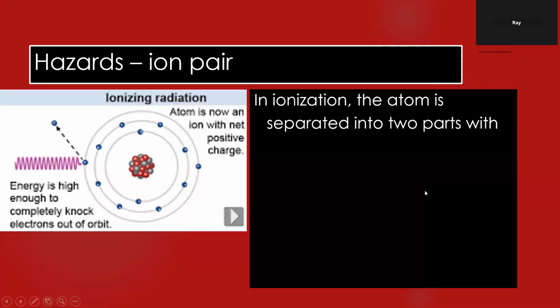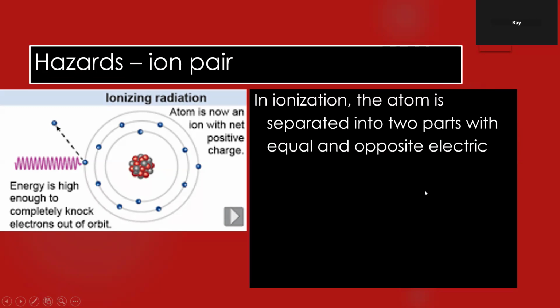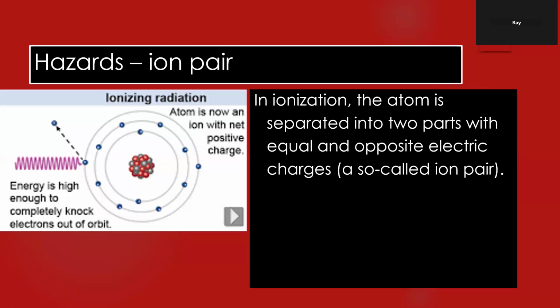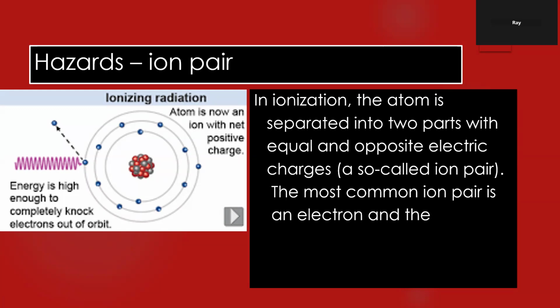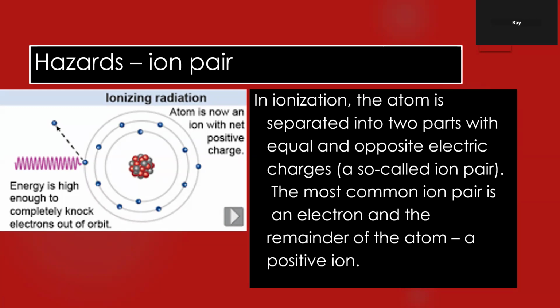In ionization, the atom is separated into two parts with equal and opposite electric charge, a so-called ion pair. The nucleus of the atom becomes positively charged, and the other one is the electron. So you get a positive ion and a negative electron. The most common ion pair is an electron and the remainder of the atom, a positive ion.